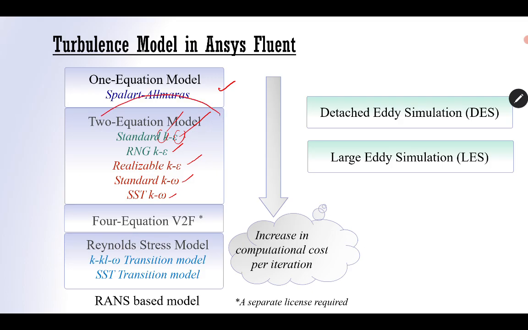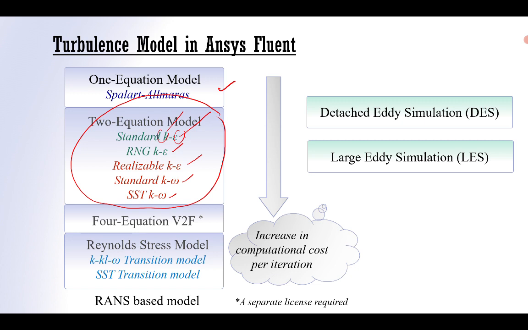Okay, I think you have mostly already used these in your simulations, but maybe you do not know how to select, or what the correct selection of this kind of equation model is. After this, we will look at the purpose and how to choose the correct one for your case.